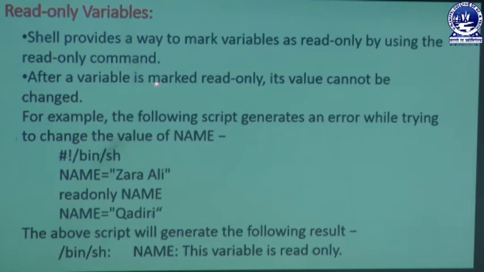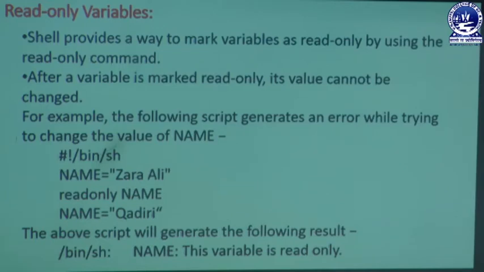So after a variable is marked read only, its value cannot be changed. We know that whenever the user stores some values in it, those values cannot be changed throughout the program. So this kind of problem may happen, so we must be careful about it.